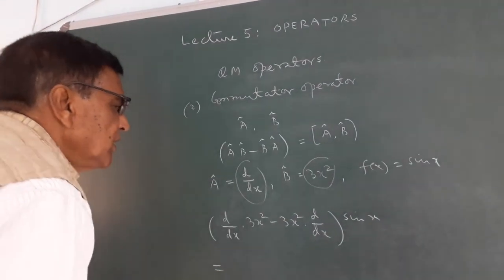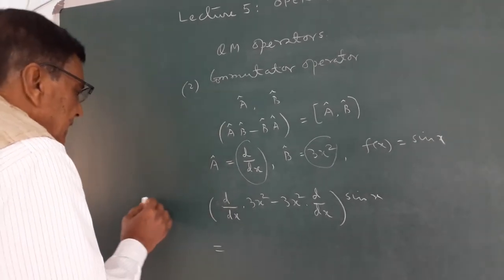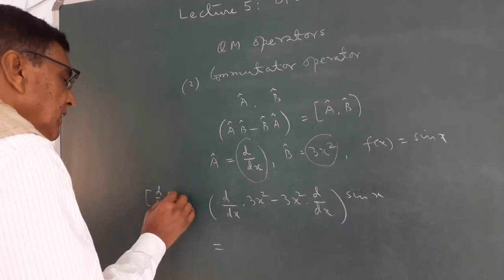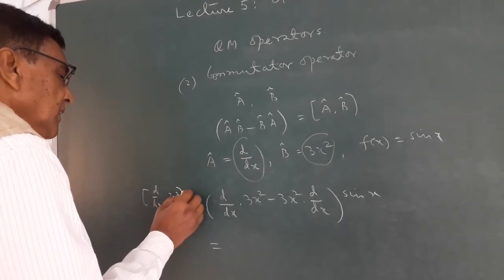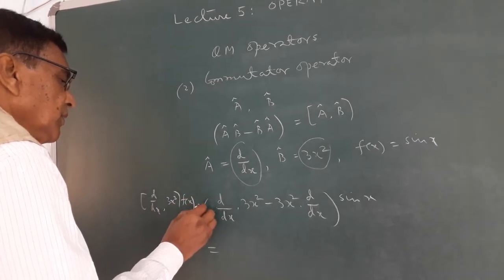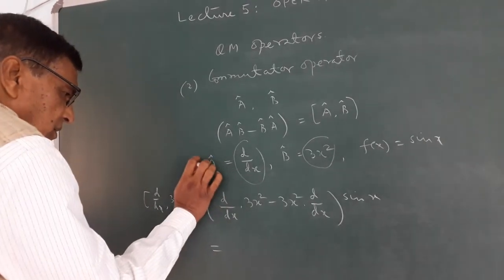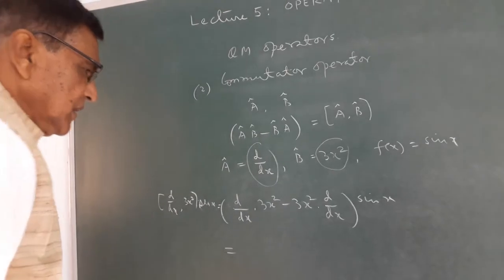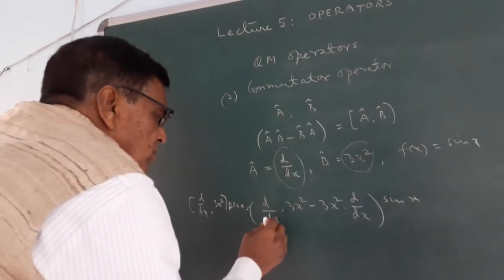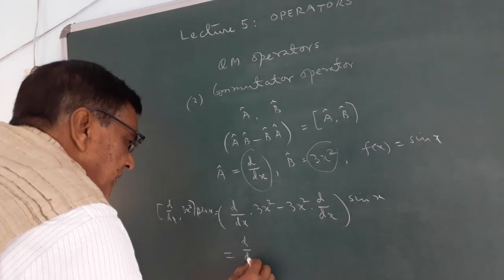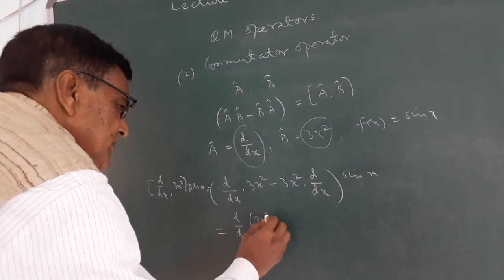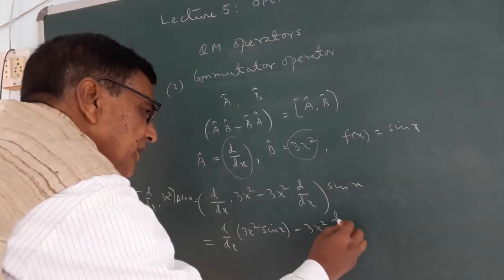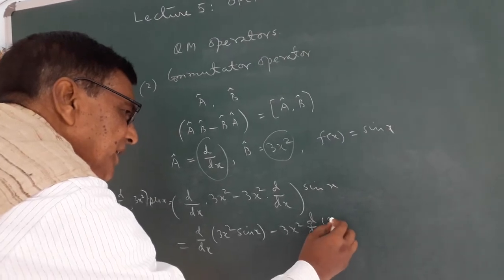So this is equal to [d/dx, 3x square] on f(x) equal to sin x. In this case, d by dx into 3x square sin x minus 3x square d by dx sin x.